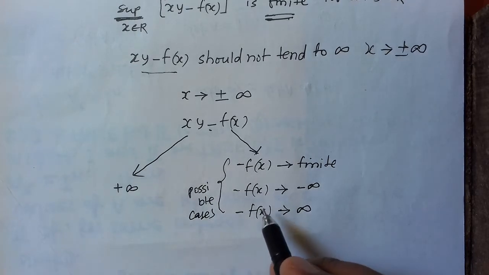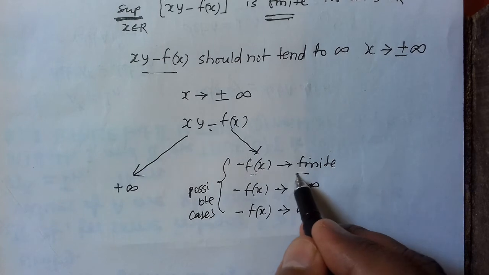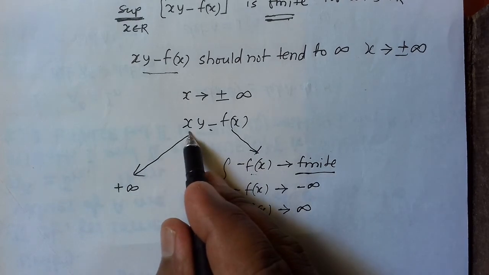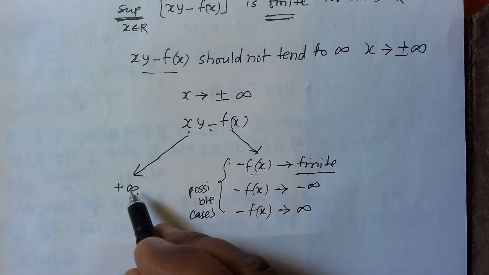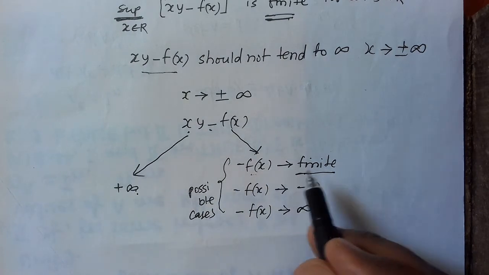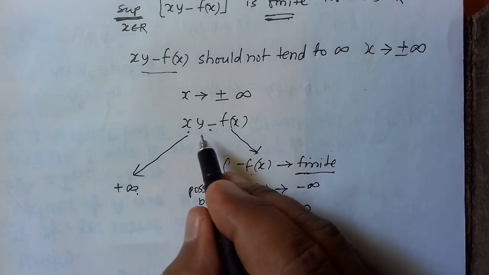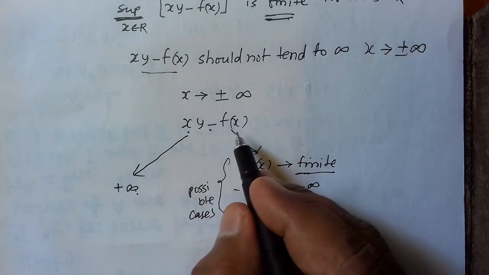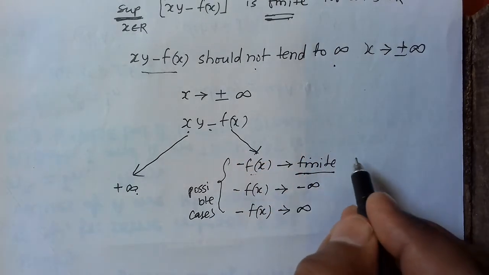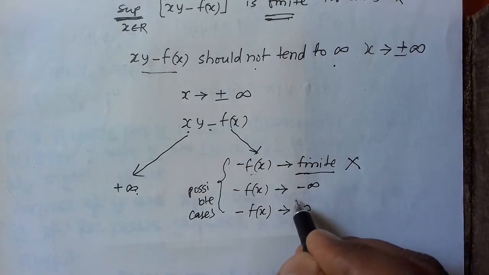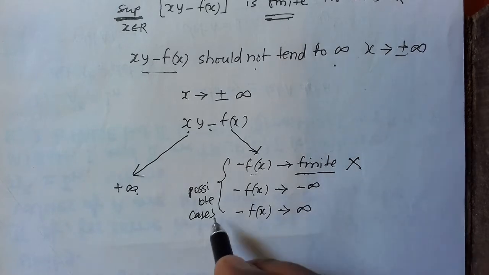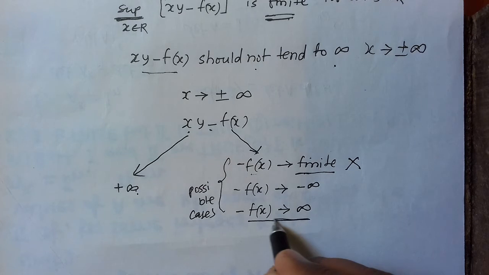Now suppose minus f(x) tends to a finite value. Then infinity plus a finite value is infinity, so this whole thing will be plus infinity, and this should not be plus infinity. So this case is not acceptable. Now see the third one.